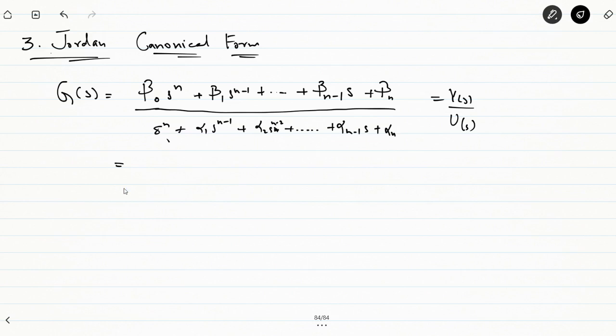Now in this case, what we'll be doing is using the partial fraction method.